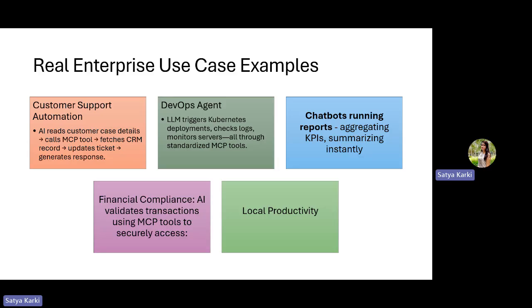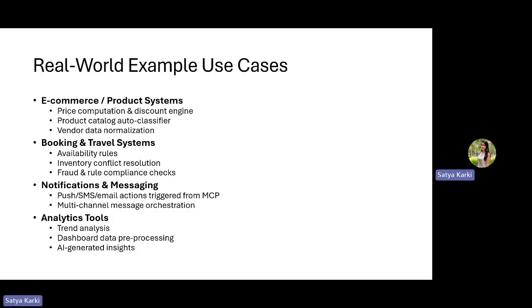Similarly, we can use the MCP in financial compliance. For example, the AI validates the transactions using the MCP tools to securely exchange. And for local productivity, local software systems, and other AI clients also, we can use the MCP for our own custom developments and integration with the backend and the data.